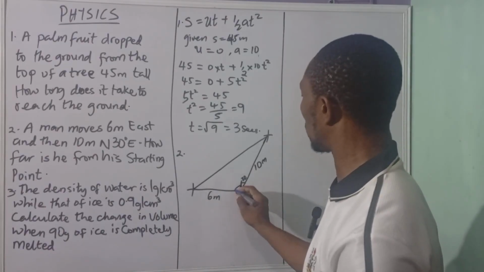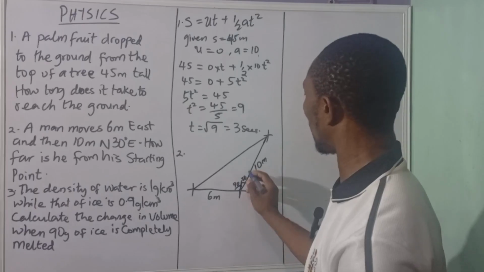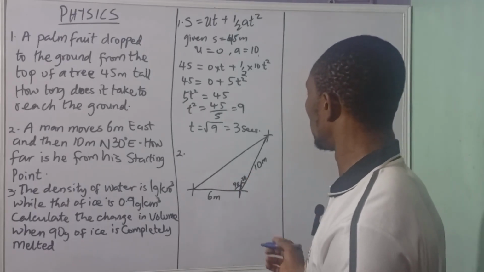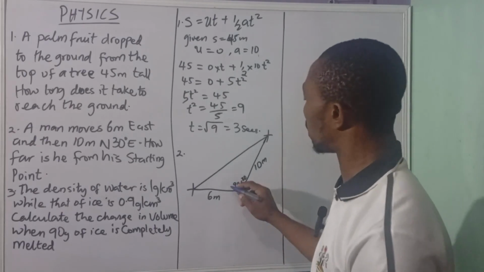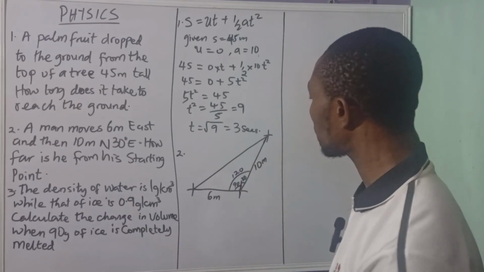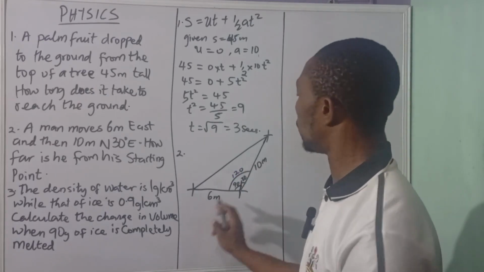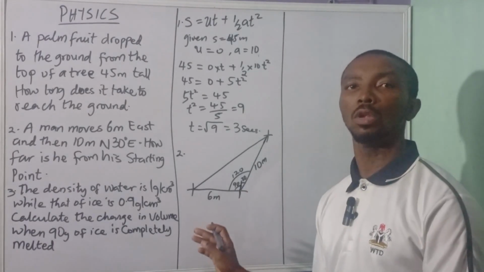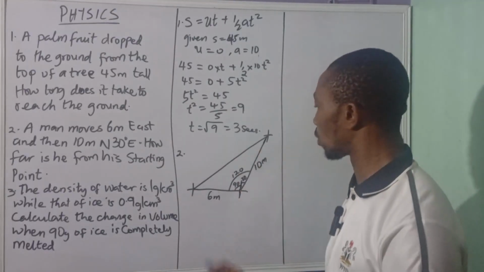Here we know this angle to be 90, so 90 plus 30 gives us this angle to be 120. If we have this, we can use our cosine rule to solve this triangle.